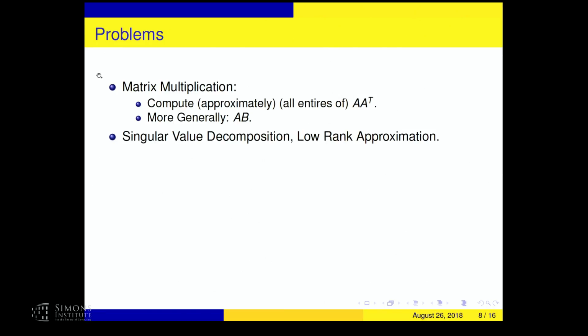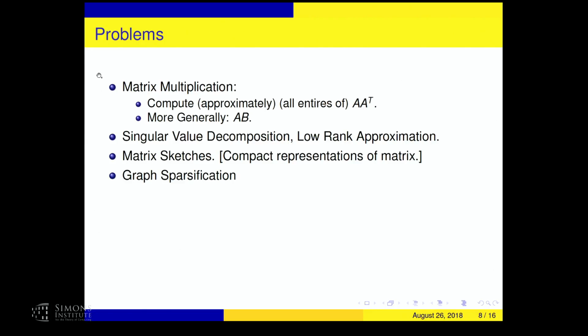We saw what singular value decomposition is, and low rank approximation. We can do those with these sampling things. Matrix sketches, which we'll see today, but we'll see in other talks as well, are just compact representations of matrices. We'll see we can do that with sampling. I won't tell you today, but graph sparsification is based on sampling, which is based on some of these things, but of course other nice ideas.